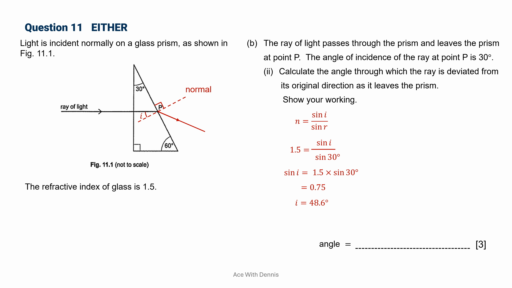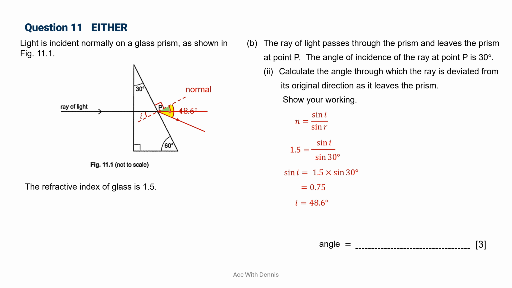Is the answer 48.6 degrees? Actually it is not, because the question is asking us for the angle that is deviated. Deviated means this angle is 48.6 degrees, which I have found here, and this ray is supposed to move in a straight line, but it deviated into this path.